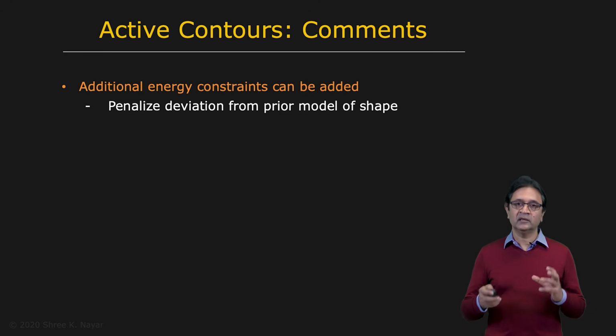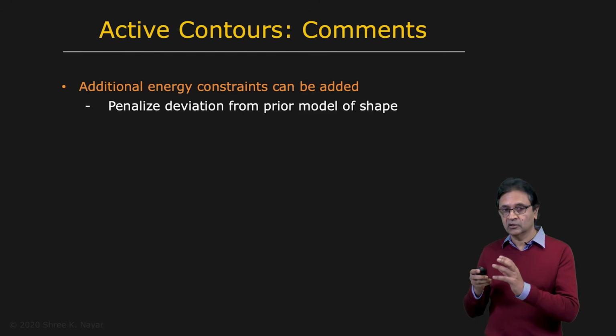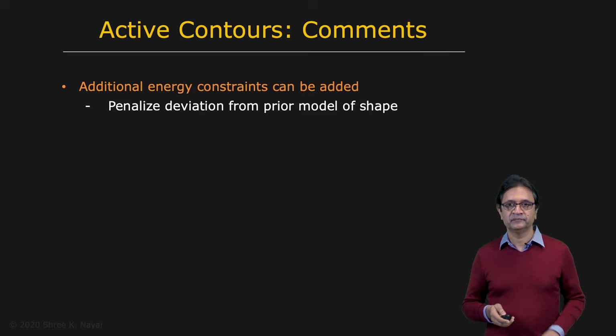You can add that term in there as well, so that whatever result you end up getting not only satisfies all the constraints that we have introduced thus far, which is the image constraint, the gradient constraint, and the contour constraint, but also there is a prior model constraint.